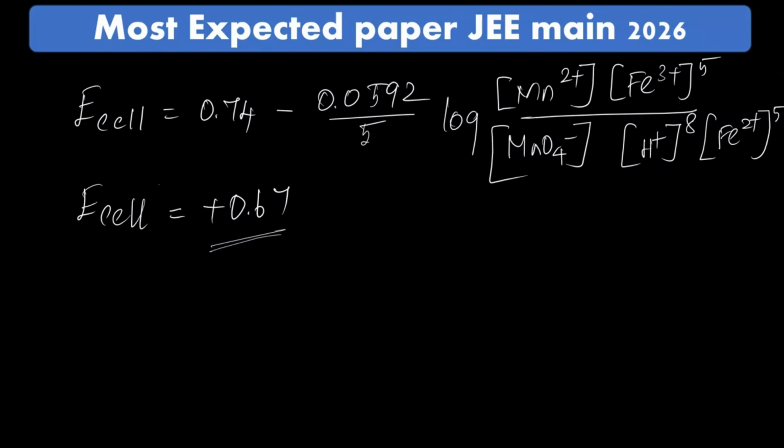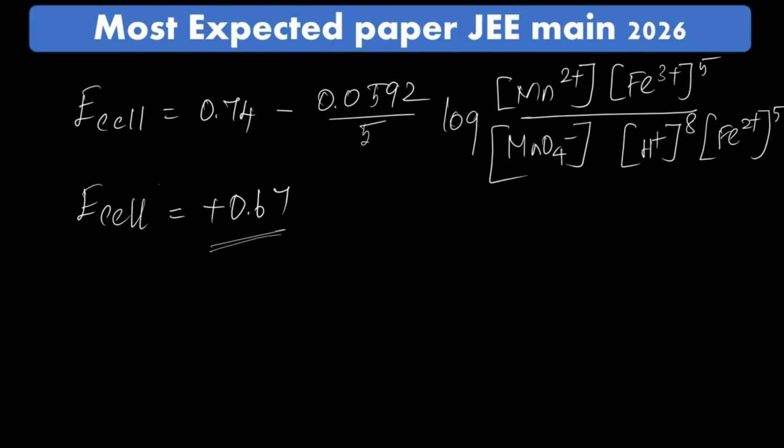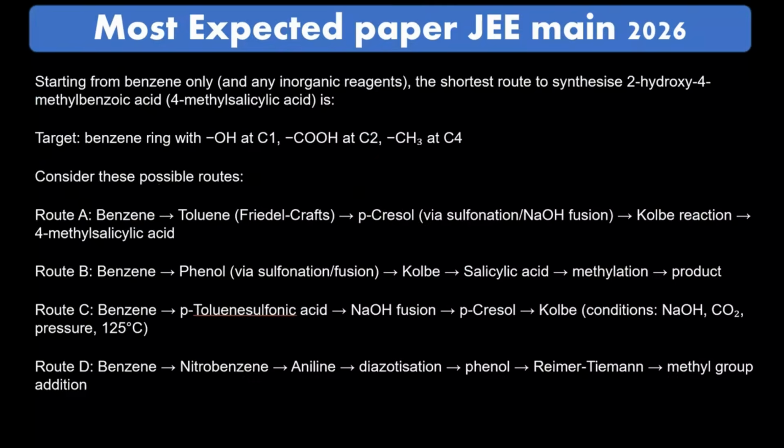Actually, it is less than 0. There must be a mistake in the question. Or maybe I have made some calculation mistake. Okay, sorry, it's more than 0. It's more than 0, and even after the Nernst correction, E cell is large enough. So which makes option A your right answer.